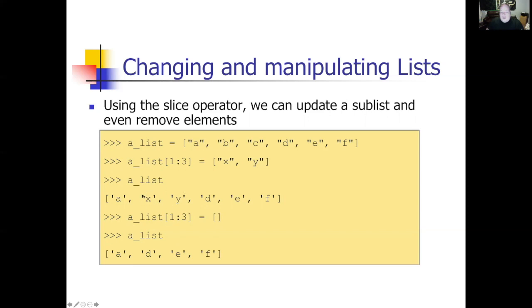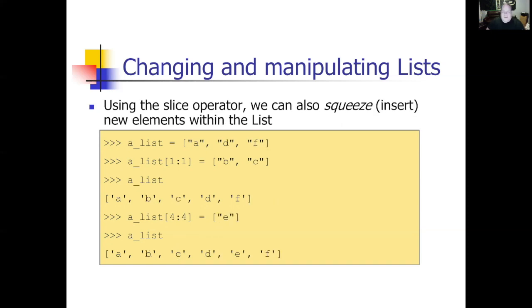Those two characters replaced these two characters. Or A list 1:3 equals nothing. That actually deleted them from the list. It removed them from the list. So you can use that to make changes as well.